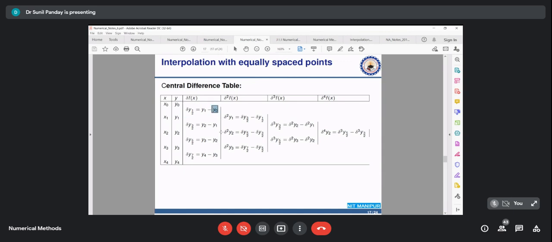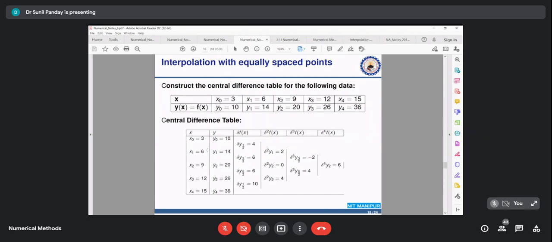Again in the table we are doing the same thing, y1 minus y naught, but the interpretation is changing. Delta of y3 by 2 is y2 minus y1, but the interpretation is changed. So the values are the same, but the interpretation is changed according to our requirement. If someone asks for the value near the middle x, then we write the table in the form of a central difference table, and then these kinds of values are important to us.